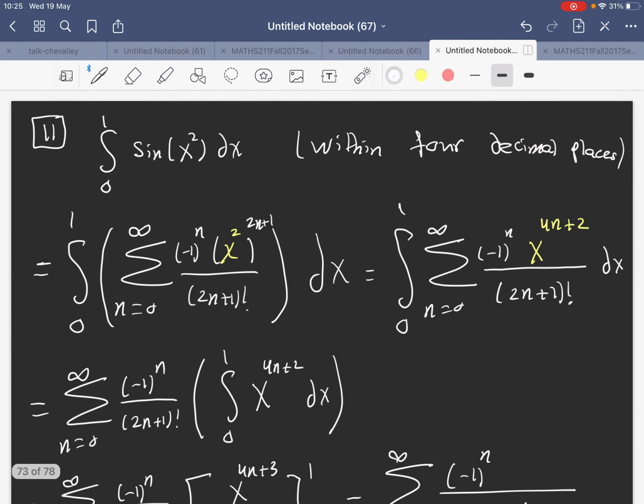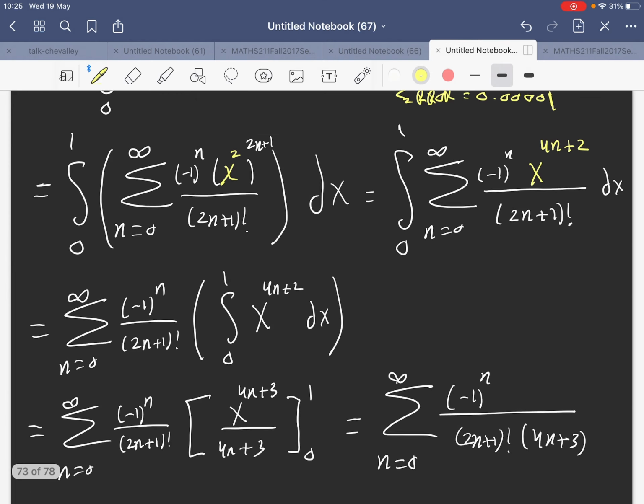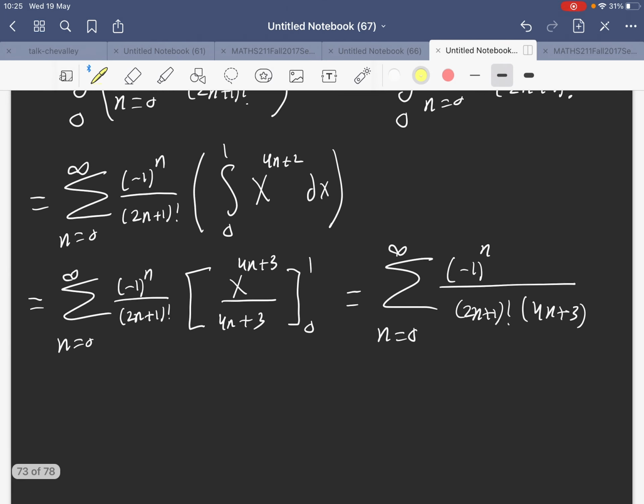Now if we want to find the answer within 4 decimal places, this means the error is 0.1234, so those are the 4 decimal places, and then maybe something like 1. So what we need to do, if you remember what we did in finding the error in the alternating series, we write the absolute value, the one without negative 1, less than or equal to the error, and then we try to check which one will give me the error.